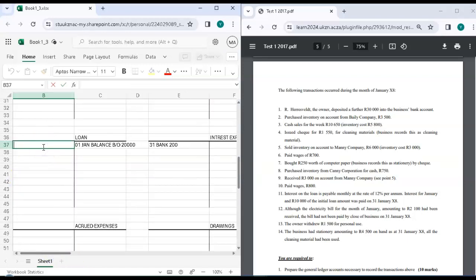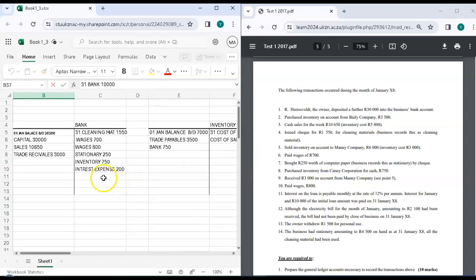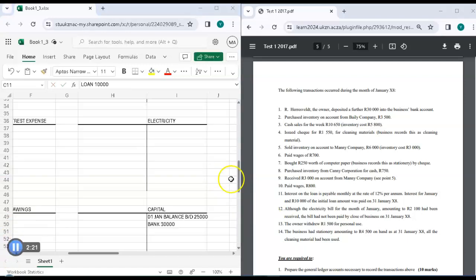So debit loan, the contra will be bank, and the amount will be 10,000. Then you go to bank, your contra will be loan. So on the credit side you say loan, and the amount will be 10,000. Okay, so that's done.